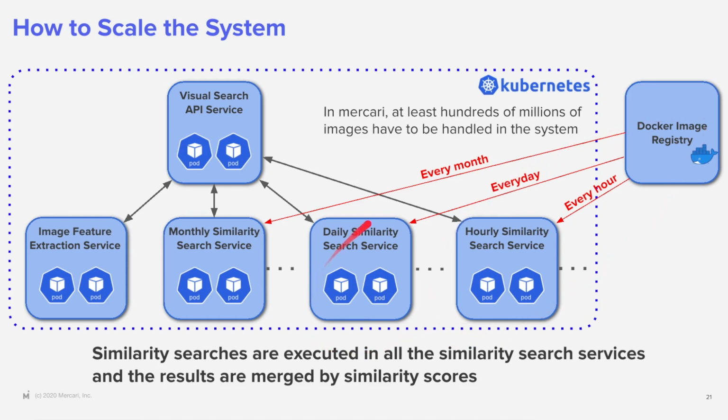Once a day, a new daily index is created through merging the hourly indexes. Once a month, a new monthly index is created through merging the daily indexes. Similarity searches are executed in all the similarity search services, and the results are merged and sorted by similarity scores.